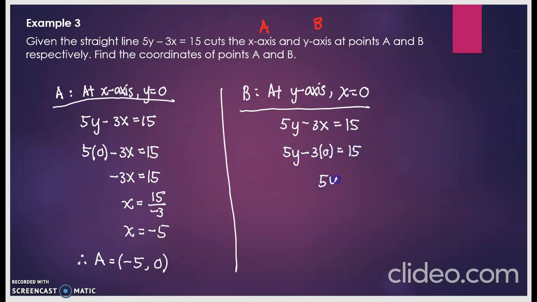So 5y is equal to 15, y is equal to 15 over 5, so y is equal to 3. Therefore, the coordinate of B will be (0, 3). So this is the coordinate of B.